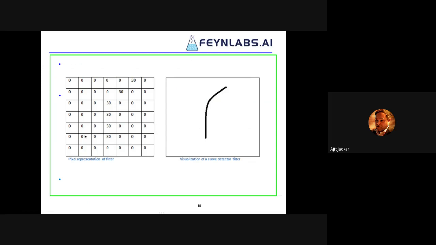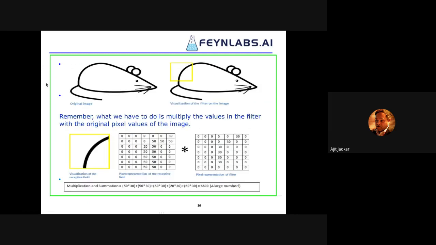How does this work? So if I have this image here, and this one, remember now, is this curve here. So if this one is the right hand side one here, then these are all these 30s here, and that represents the line. And if it is then at this portion of the mouse where this actually is present, correct? So this is actually present in here because this curve is the same one here.